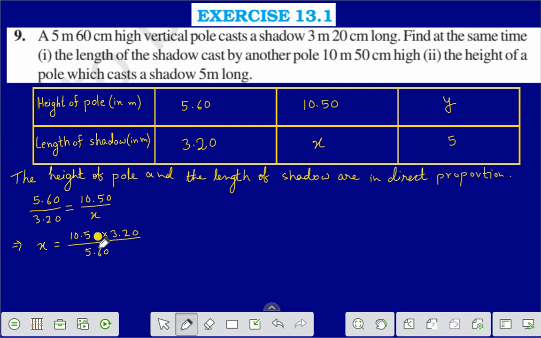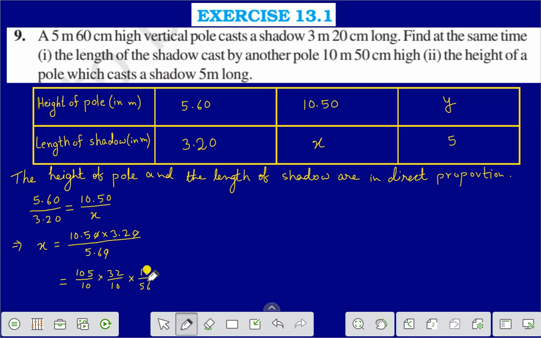Right? Or you can cut this 0, because it is after the point. I will change into fractions. We can write 10.5 as 105 by 10, into 3.2, that is 32 by 10, divided by 5.6, which is into 10 by 56, right?